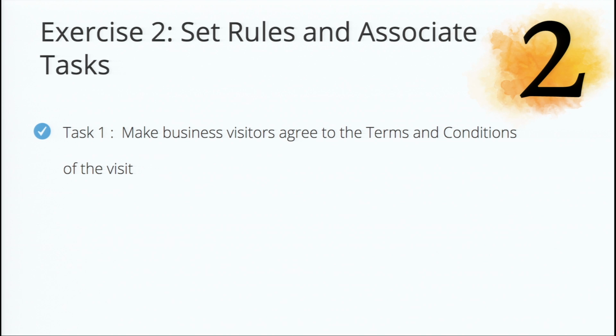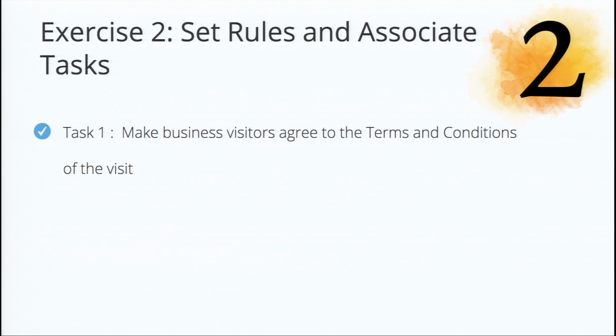So the next task is, remember we had a terms and conditions field in the visitor sign-in form. And there are two types of visitors we usually get. One is people doing personal visits. One is business ones, business meetings. And not all of them need to agree to the terms and conditions.